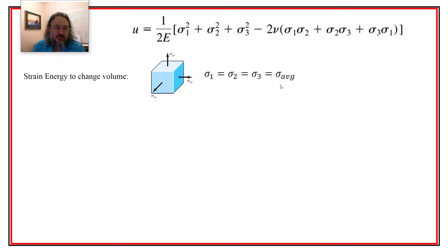Say, well, we need to find the average stress. Here is the strain energy with average stress, like that's the only stress that's applied to the thing. A lot of things cancel out right here, but we can condense this down to just 3 times this average stress squared, divided by 2 elastic modulus times 1 minus 2 times Poisson's ratio, right?